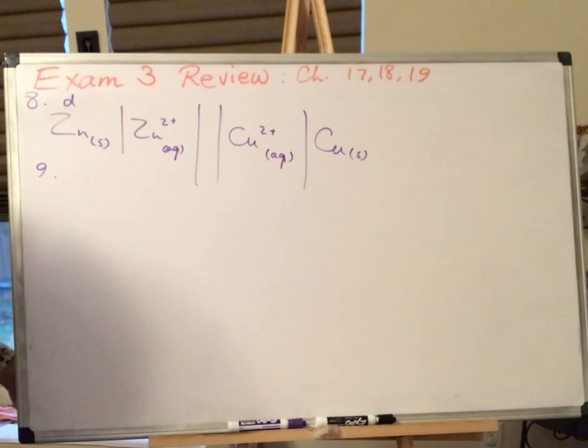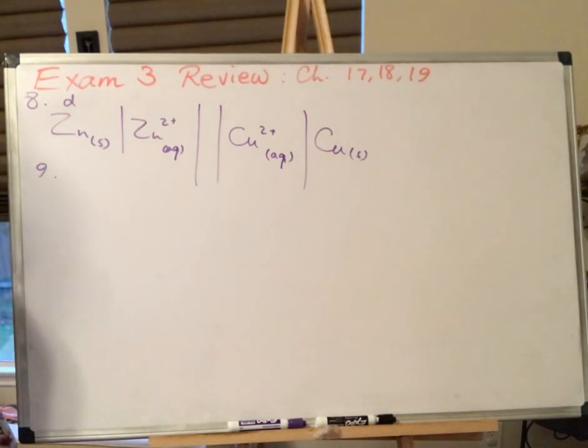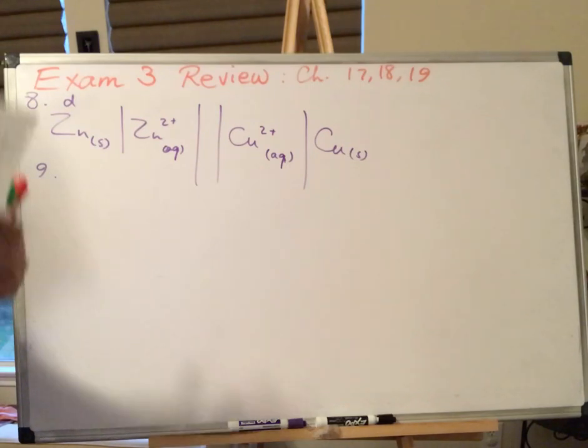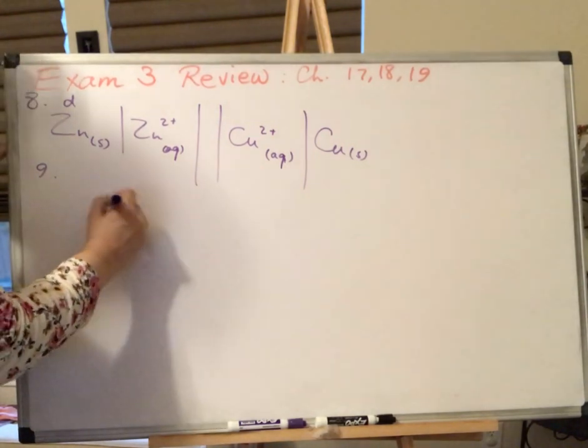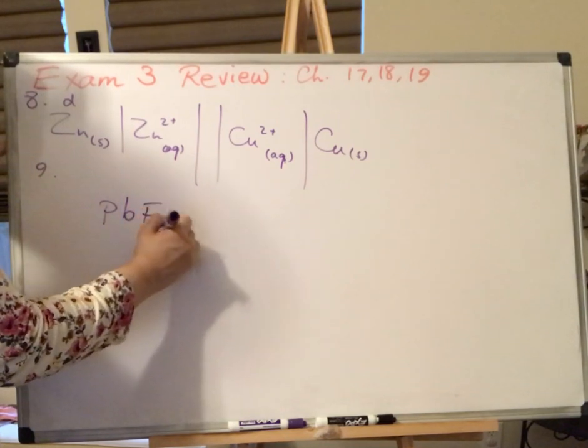Question number 9. KSP is given for PbF2. If a 0.03 molar NaF solution is saturated with PbF2, what is the Pb ion concentration in the solution? So it seems like since we have PbF2 and NaF, we have a common ion which is fluoride. So let's write the equation for PbF2.